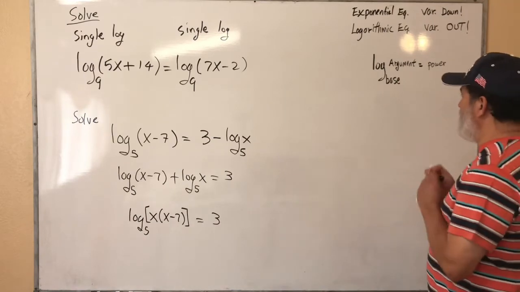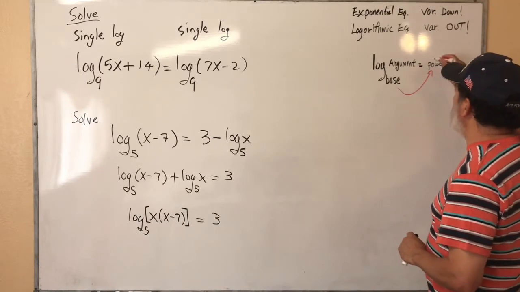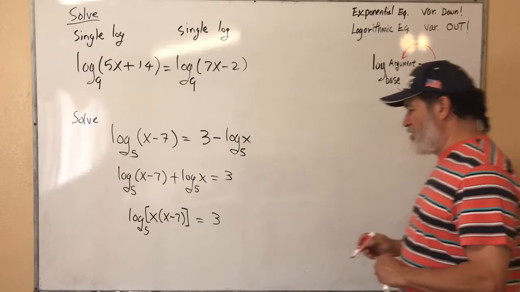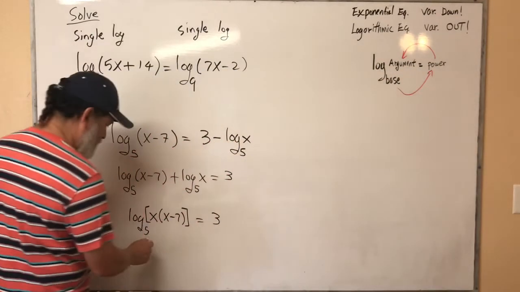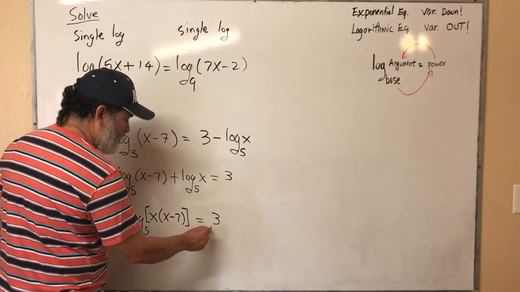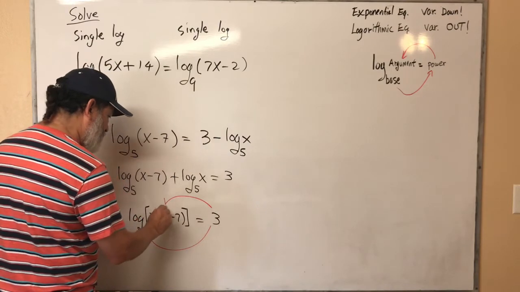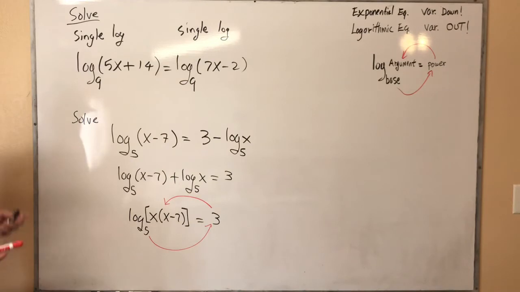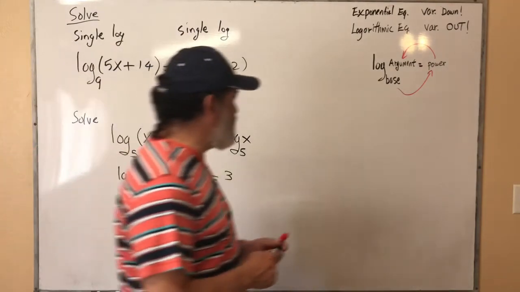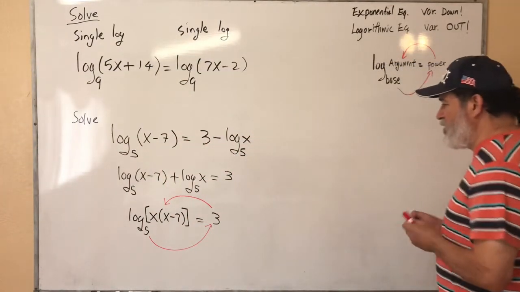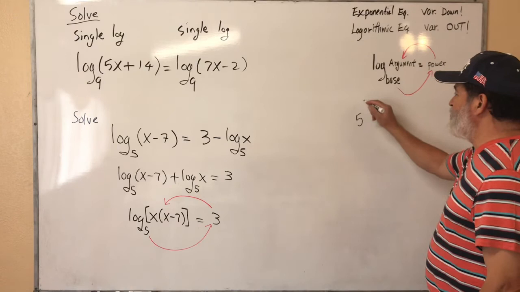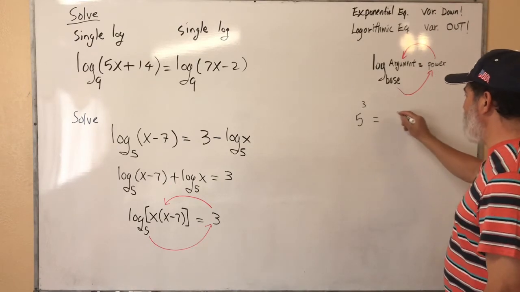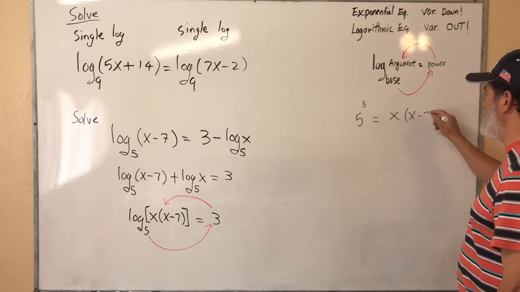Because now you can say this base to this power gives you the argument. Okay, that's one way. Another way, well, let's do it that way for now. So 5 to the third equals x times x minus 7.